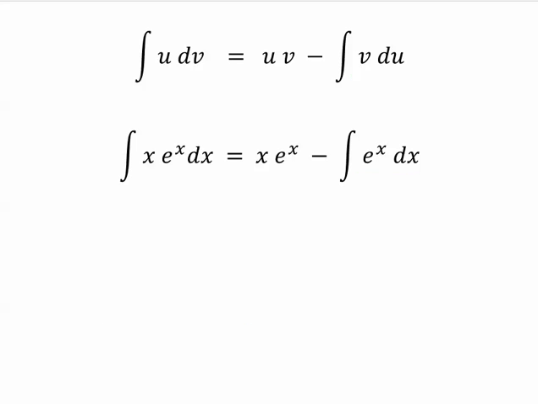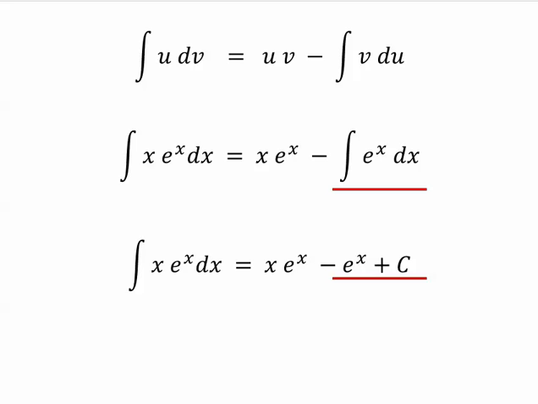So what we've done is we've traded an integral that we could not do, the one on the left, for an integral that we can do, the one on the right. The integral on the right, as I said, we can do. That's fairly easy. The integral of e to the x is just e to the x.